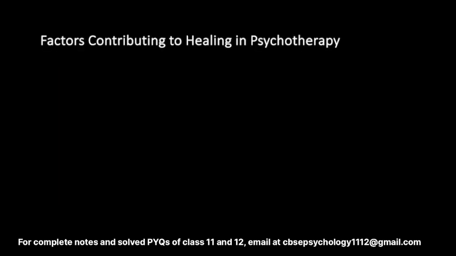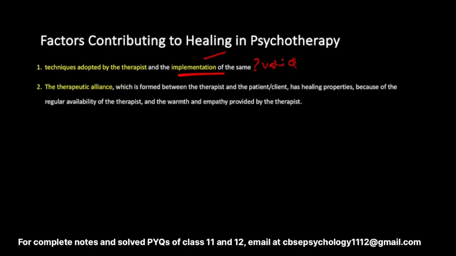The factors which contribute to healing in psychotherapy are, first, the techniques adopted by the therapist and their implementation: how valid they are to the current situation, how well they are implemented, and how well trained the therapist is.